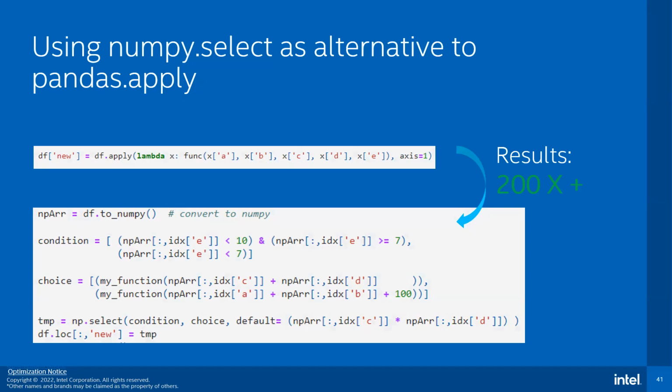Then you just call select, and it automatically creates the array, sorting all that logic out and giving you the resultant array. Doing this exact thing with a Pandas apply statement versus this way, I got a 200x plus speedup. So it was quite a good benefit. Anytime you have conditional logic in a Pandas apply, this could bail you out.